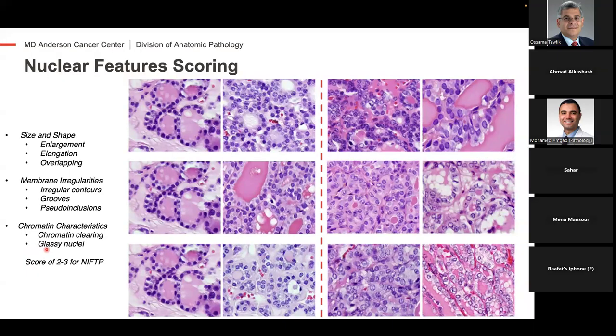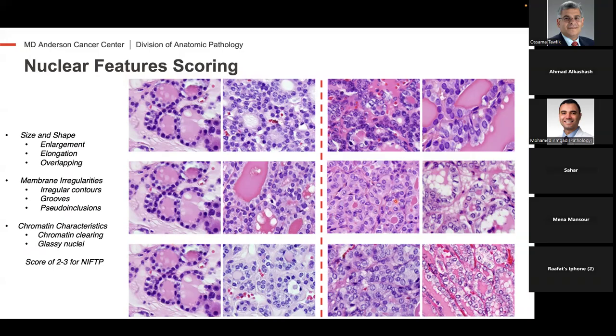And they gave each category, if you have it, 1 point. So if you have all three, that's very strong PTC features, like you see right here at the bottom. If you have two, you will have PTC features, but they're not as strong.